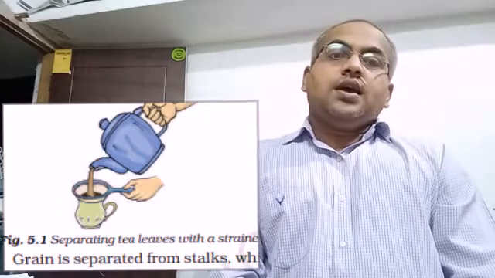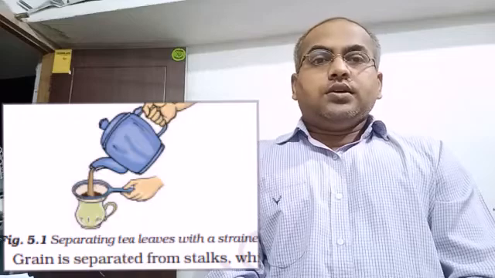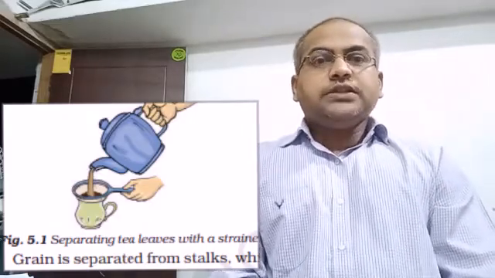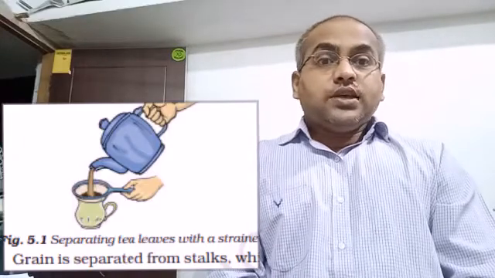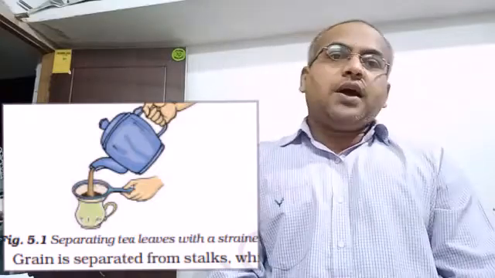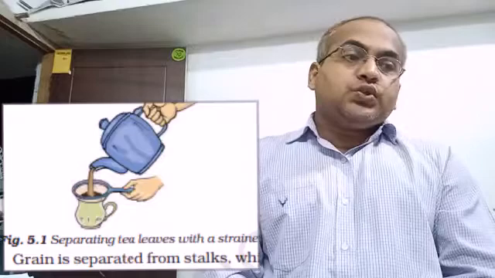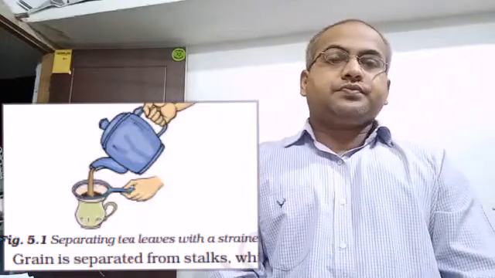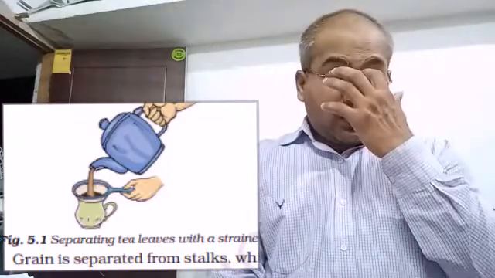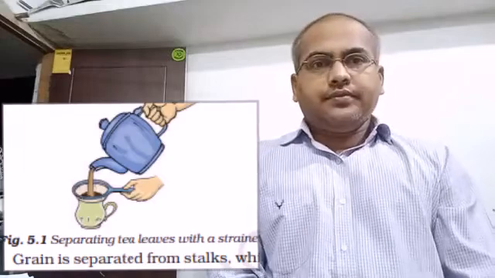Okay class, sometimes you see our mother separate two types of pulses from the mixture. Sometimes you observe that stones are picked by hand when our mother is cooking rice. So these are the different types of separation methods we observe in our daily life.